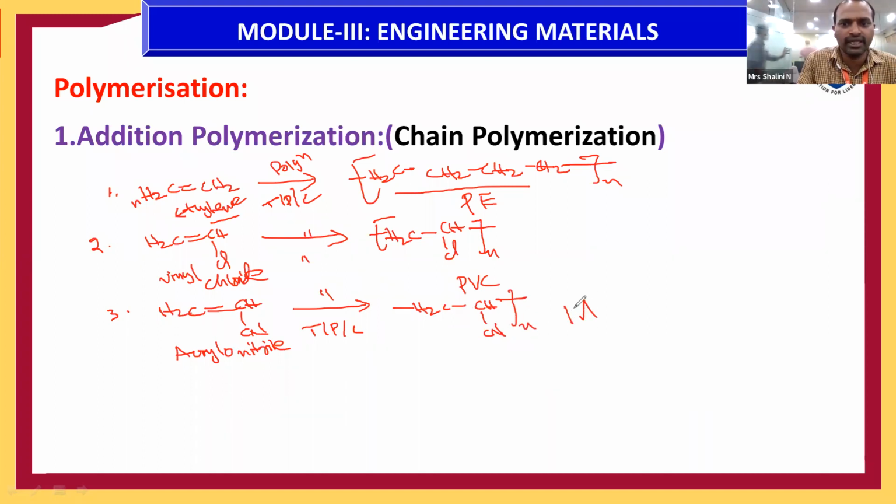This is called polyacrylonitrile. Now the fourth one, that is H2C=CH.